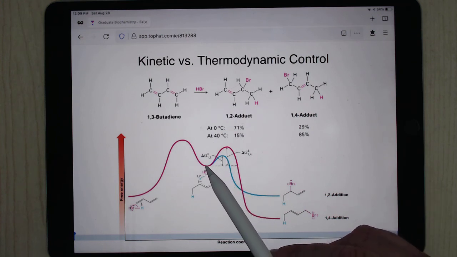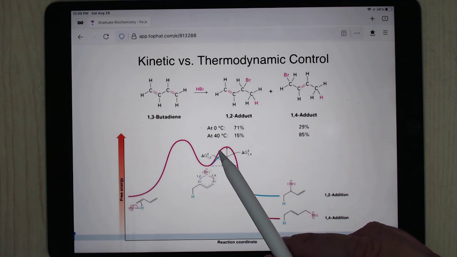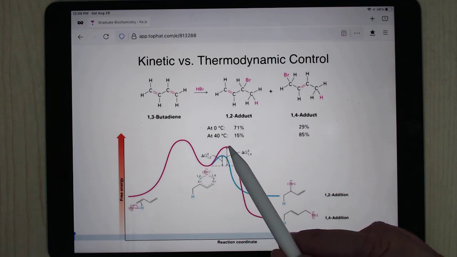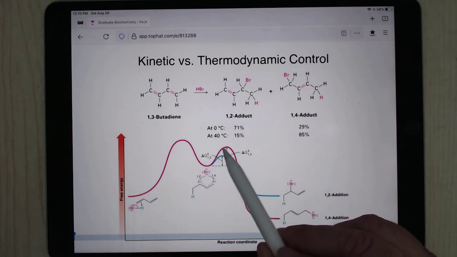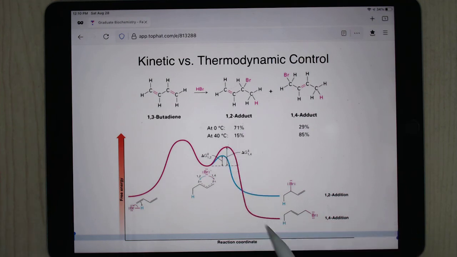If the molecules don't have enough energy to get over the big hump, then they'll go over the little hump and get what they can. So in order to give the molecules more energy, you have to heat it up. And that allows them to get over the higher hump and get a much bigger payout at the end.